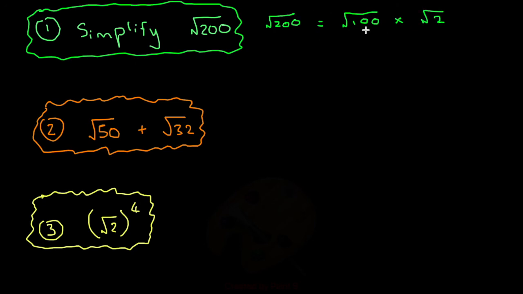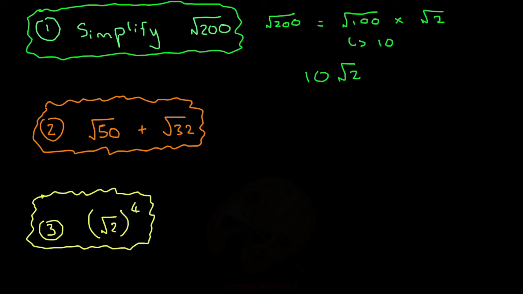And if you remember, well, hopefully you should, that root 100 is equal to 10. So we can write this whole thing out as 10 root 2. So my advice to you for these kinds of questions is look for the biggest whole square. So we know that 100 is the biggest whole square in 200. So try and look for that, and that way you can simplify it down as fast as possible.